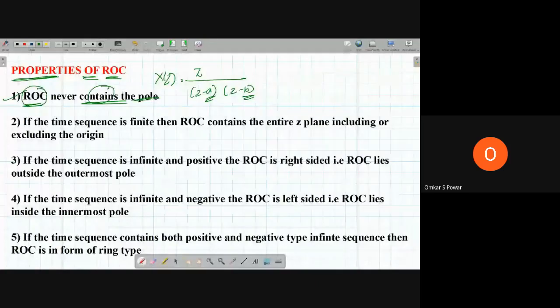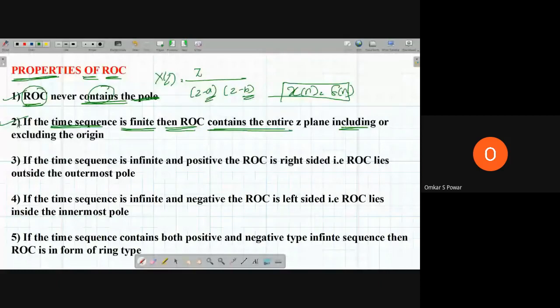What is the second property? If the time sequence is finite, so you take a time domain signal that is finite, something like delta of n, then your region of convergence contains the entire z plane, including or excluding the origin.